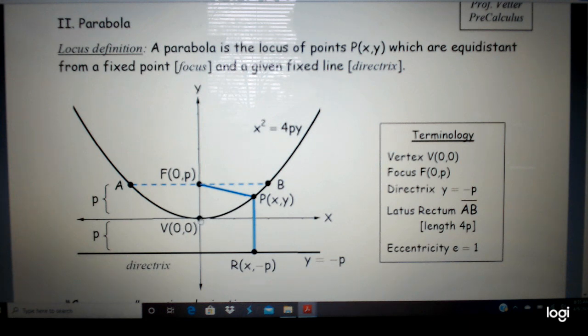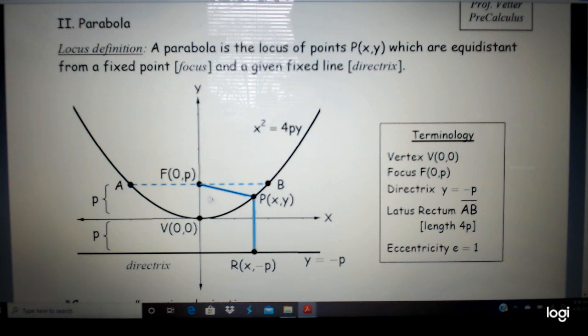It's a distance p from the focus and also perpendicular distance p from the directrix. As we move out along the curve, let's pick an arbitrary point P. This length, FP, is the same as the distance from P to the directrix.